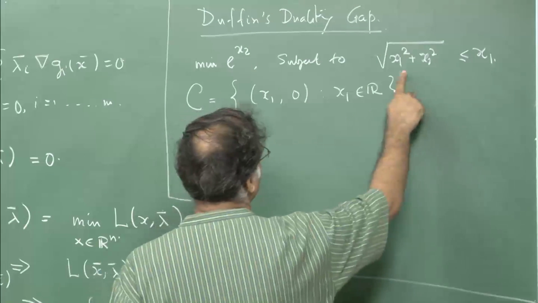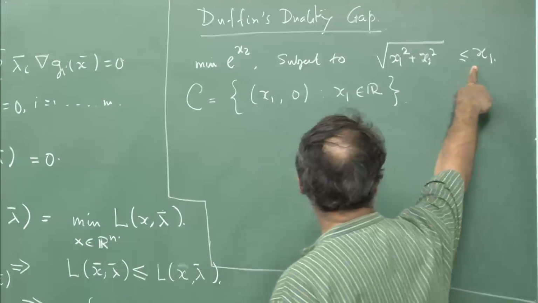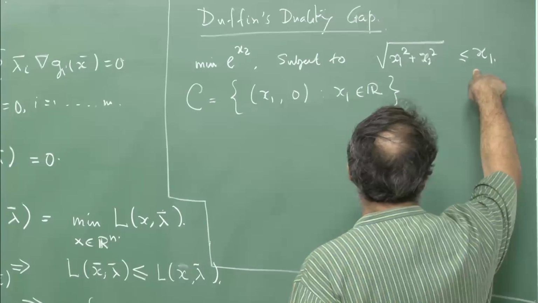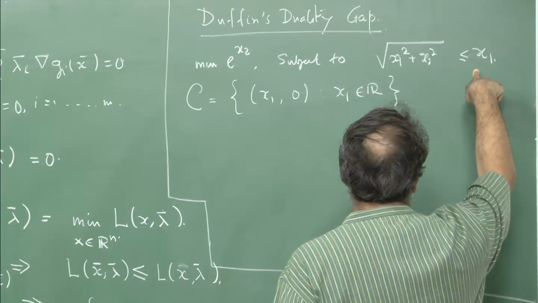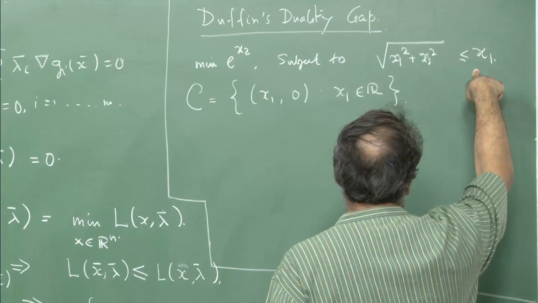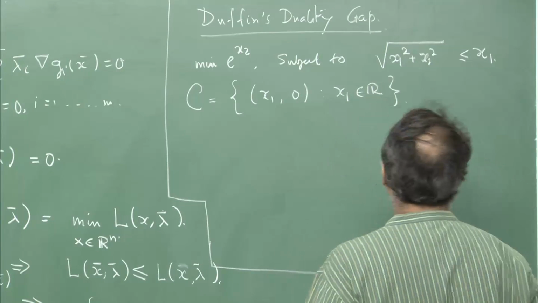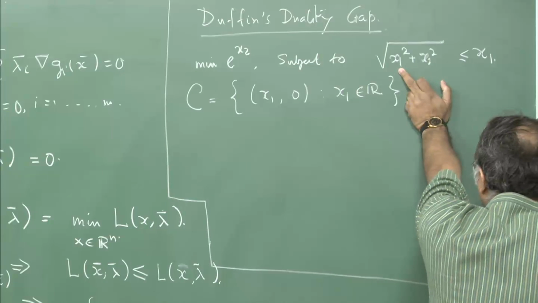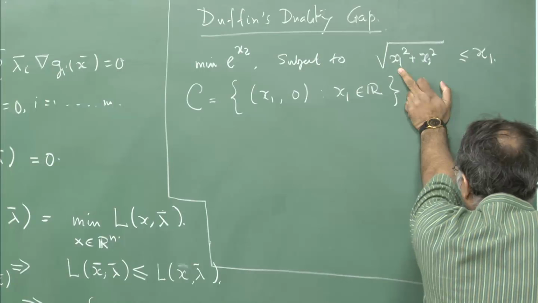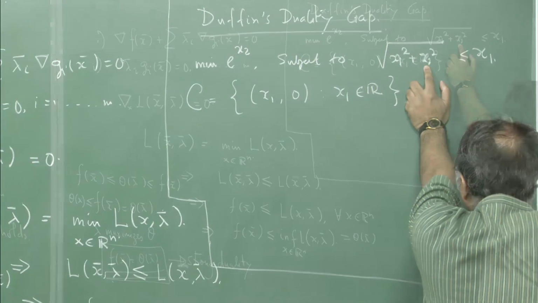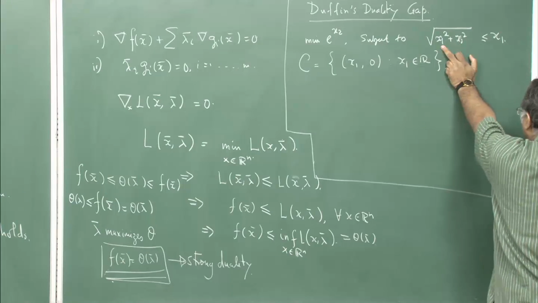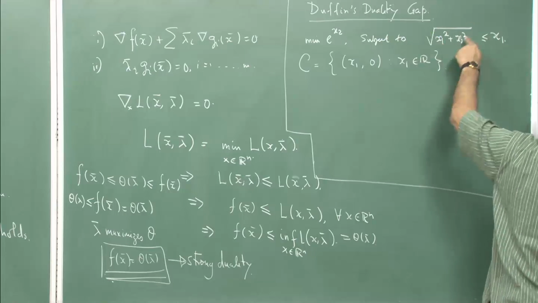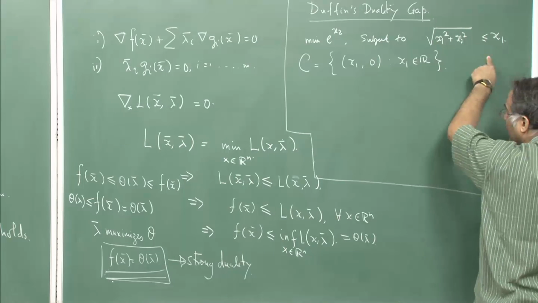Of course, I have to maintain this one, because here if I take a negative number, say I take minus 2, so minus 2 square plus 0 is 4, root over 4 is equal to plus 2, not minus 2. So, minus 2 cannot come here.